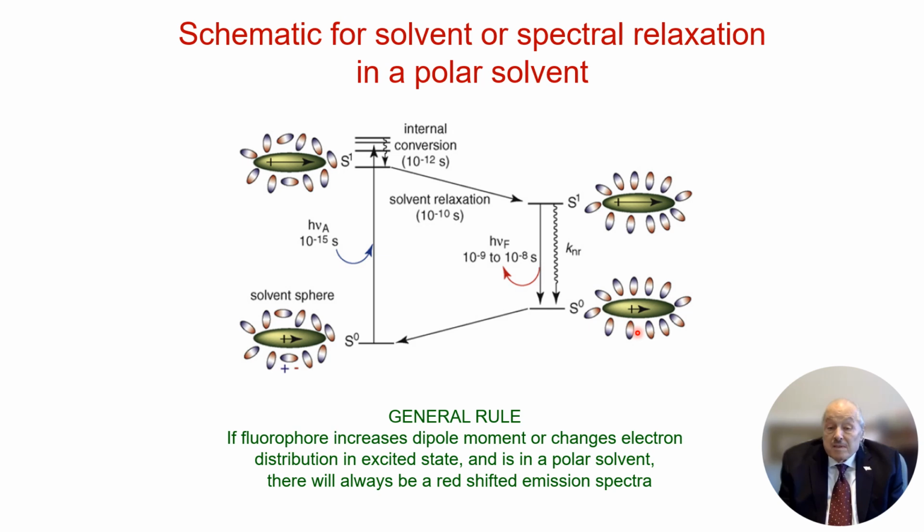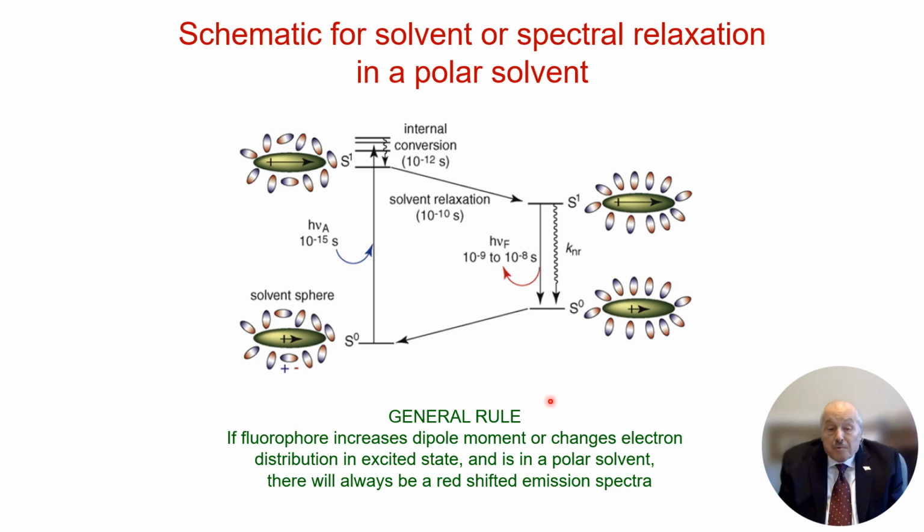And then it returns to the ground state. When it goes to the ground state, many times this effect is ignored and forgotten. But when the fluorophore returns to the ground state, it still has the excited state distribution of dipoles around it, and that has to then relax to the equilibrium ground state.